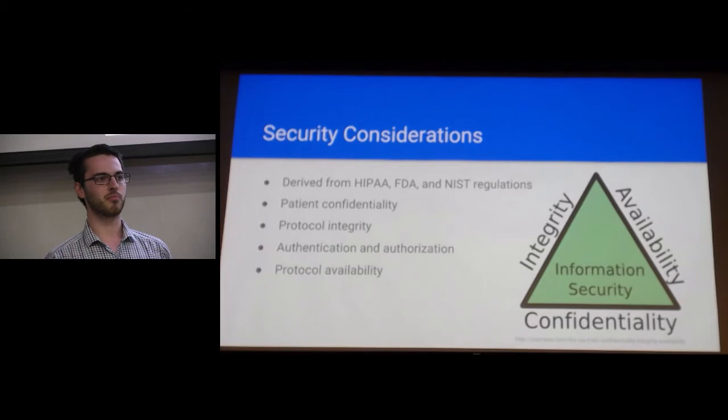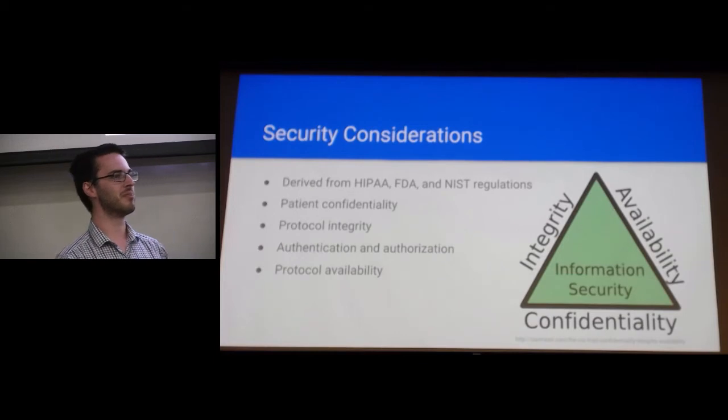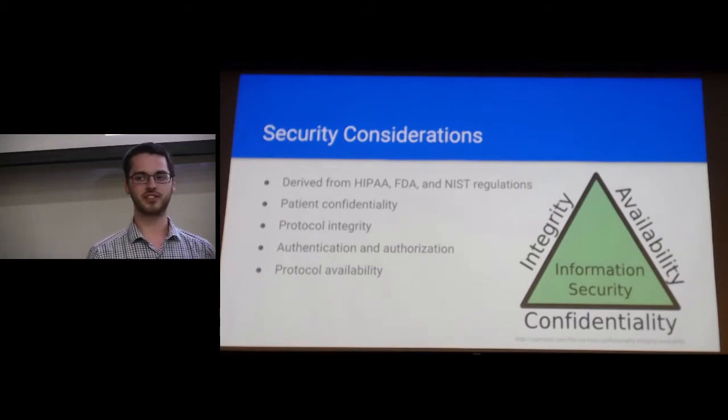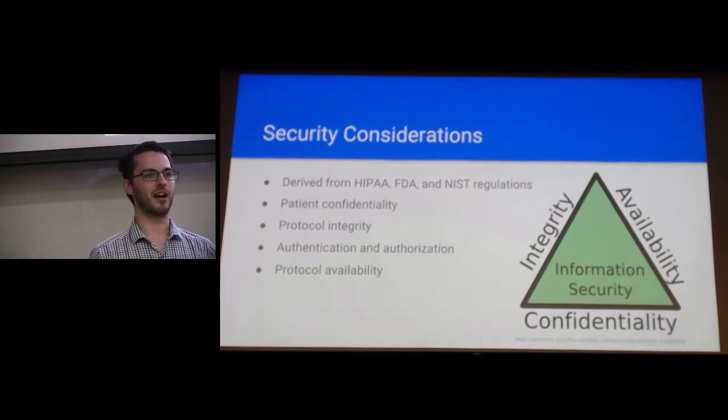Secondarily, we have the integrity of our protocol such that an attacker can't spoof data, send messages that are not intended and have them be accepted as valid. We plan on achieving that through different methods of authentication and authorization. And then finally, and probably the least of the concerns, is the availability of our protocol. For example, a denial of service attack to prevent the sensor from functioning.